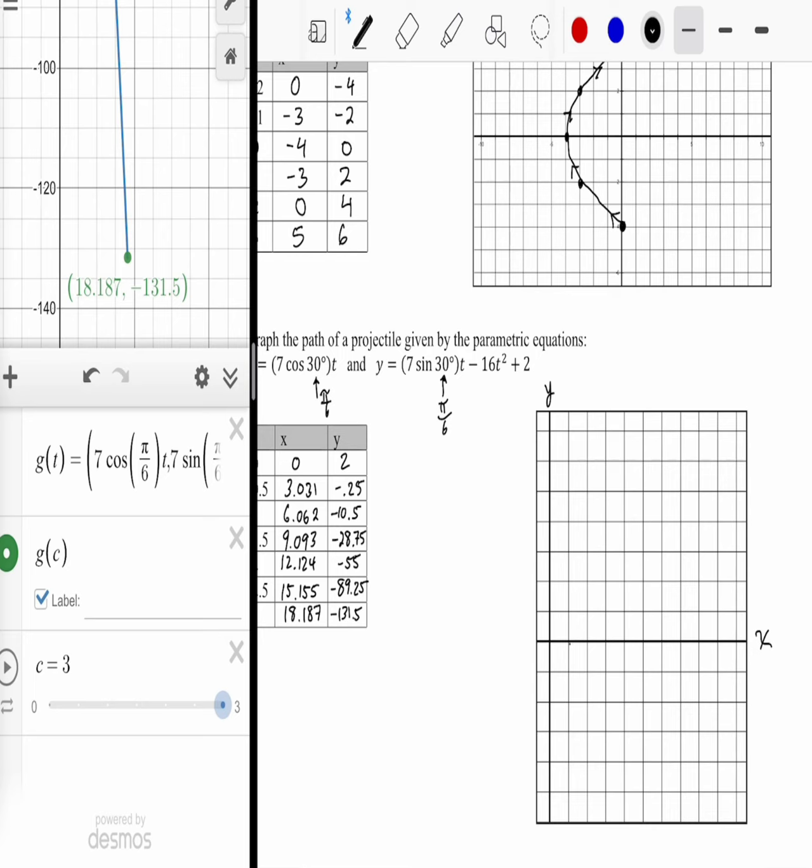So 1, 2, 3, 4, 5, 6, 7, 8, 9, 10. That works. So go by twos. And then 1, 2, 3, 4, 5, 6 down. So that 25 should work.